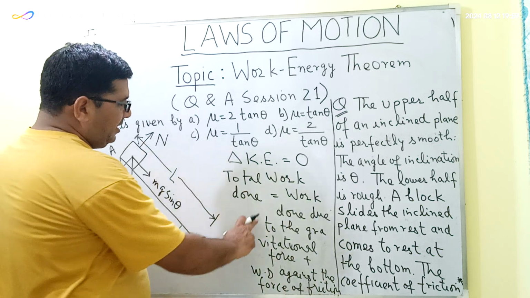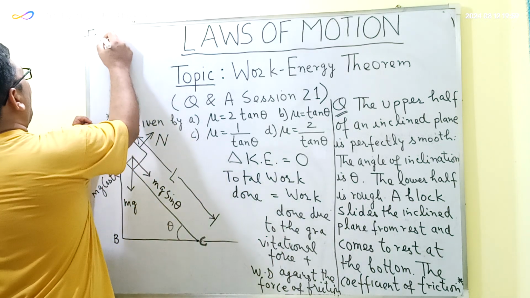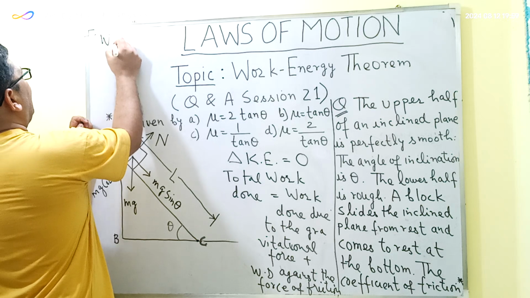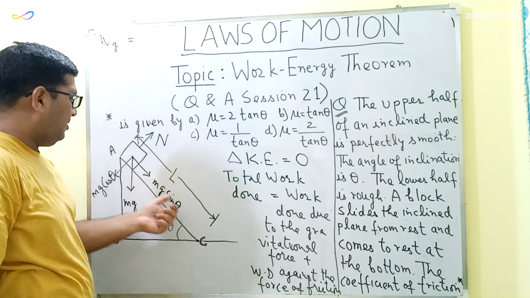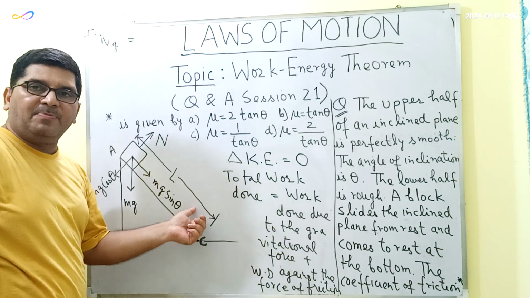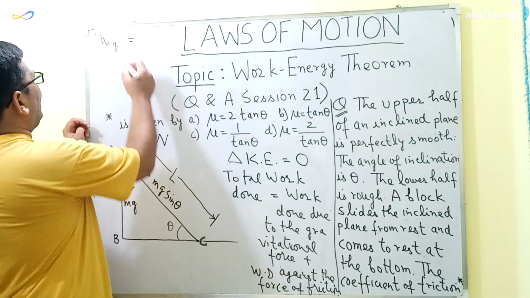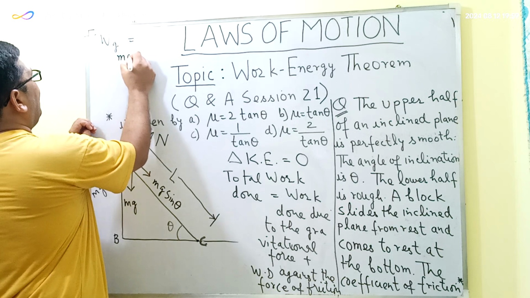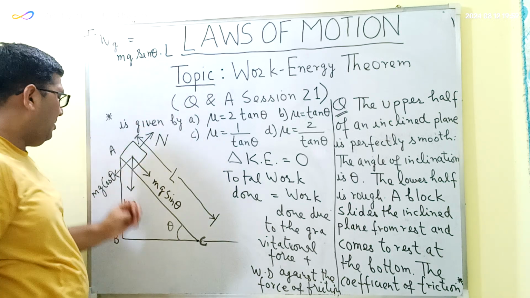So here the work done due to this gravitational force, which I am writing here as Wg, will be equal to the force multiplied by the displacement. In this case the displacement will be equal to L. So this will be equal to mg sin theta into L.